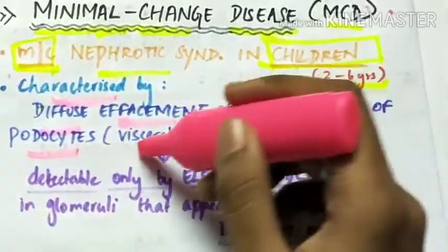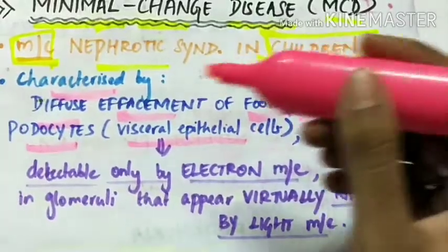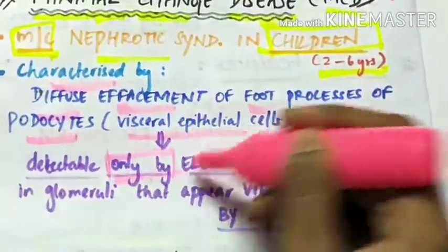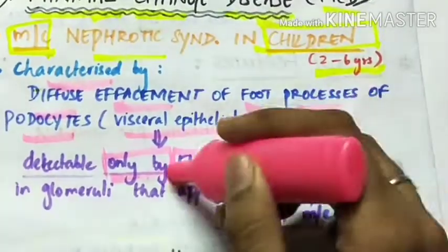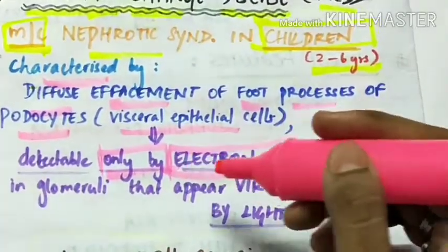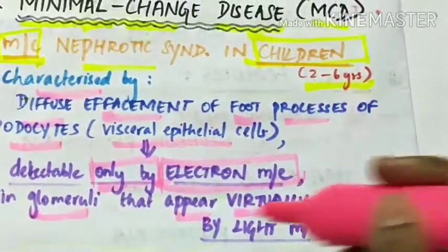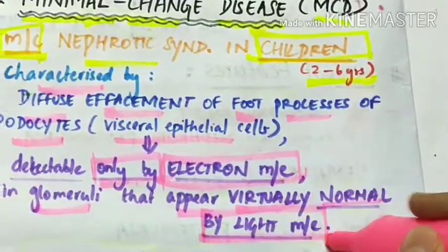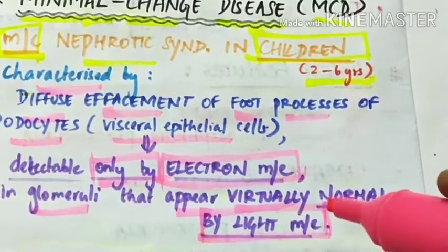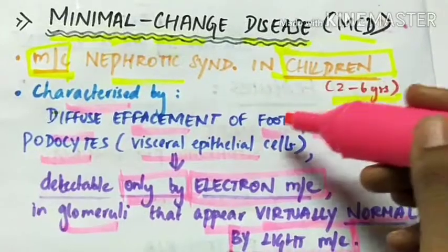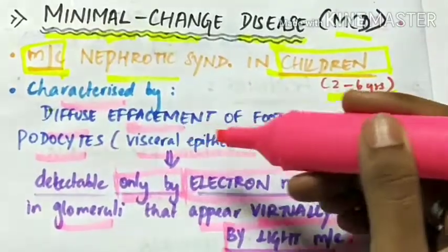Podocytes are nothing but visceral epithelial cells. But this diffuse effacement is detectable only by electron microscopy. The glomeruli appear virtually normal by light microscopy. So light microscopy appears to be normal. Only in the electron microscopy, the diffuse effacement of foot processes of podocytes is visualized.